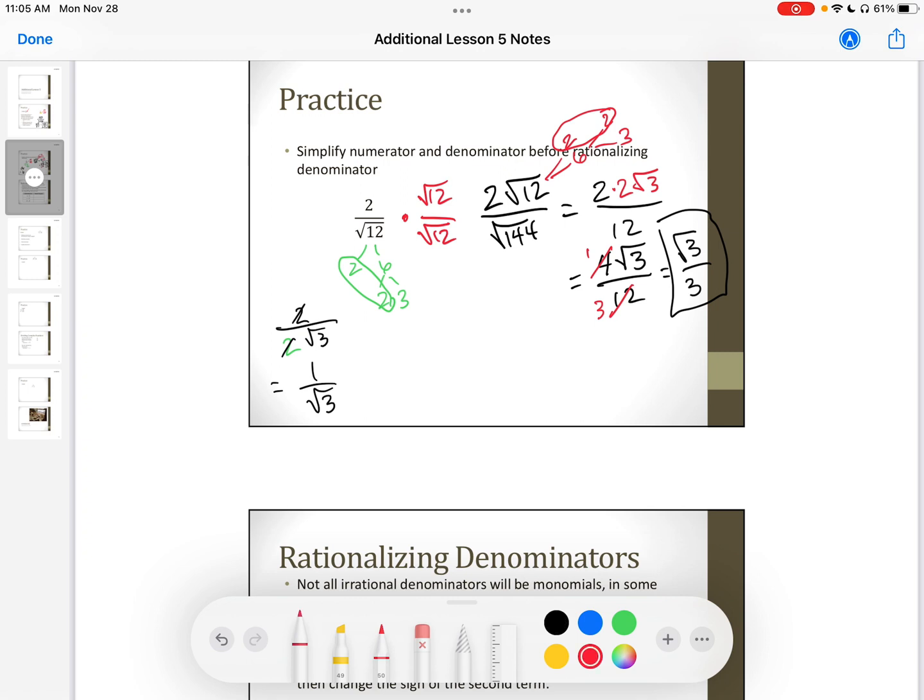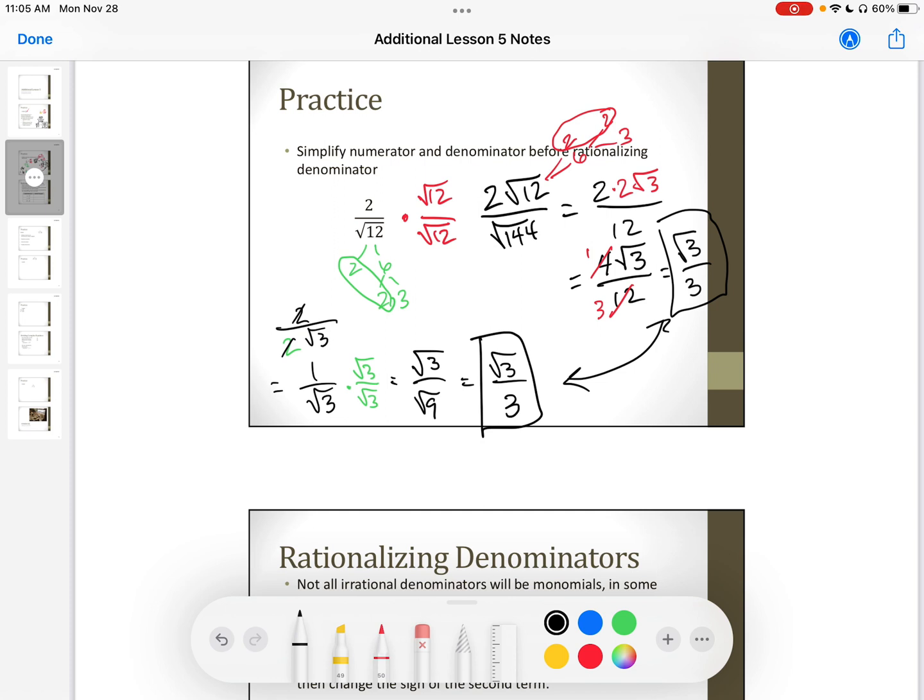Now, still not finished because we cannot have a square root on the bottom. Multiply top and bottom by whatever that radical is. When I do that, that ends up giving me a square root of 3 over a square root of 9. Top is just square root of 3. Square root of 9 itself is just 3.